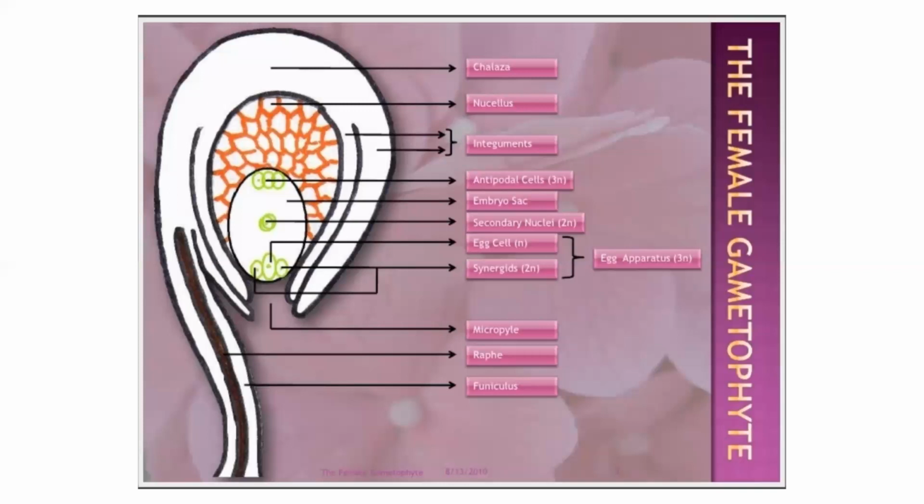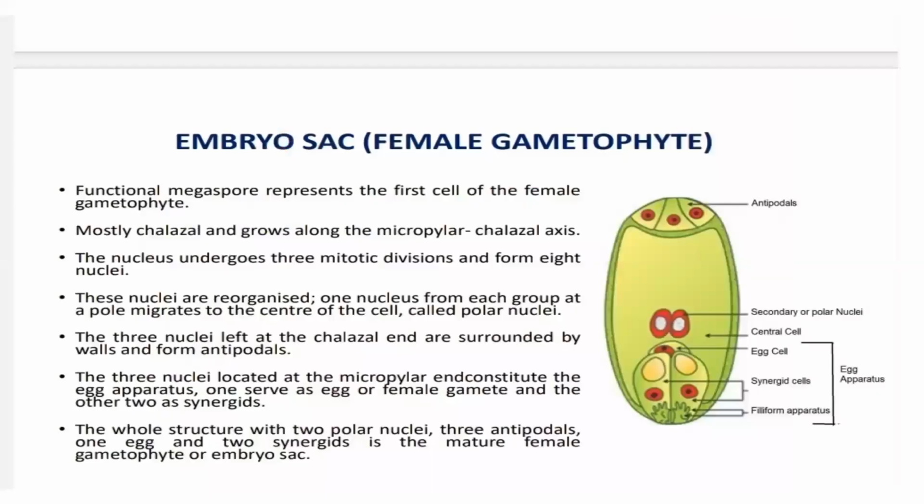This is the most important part of the mature ovule, because it bears the embryo later on. That is the female gametophyte.